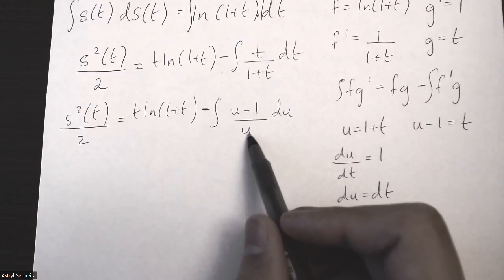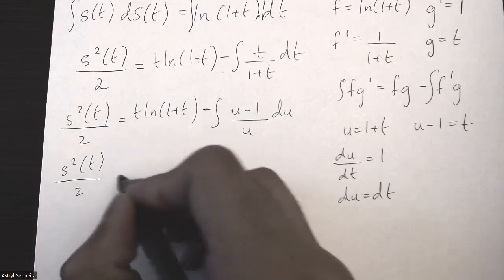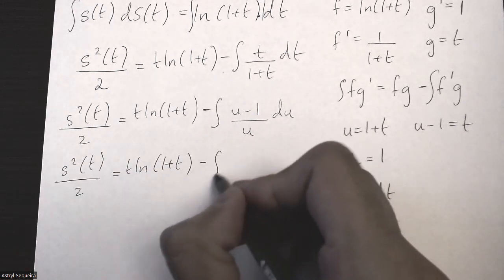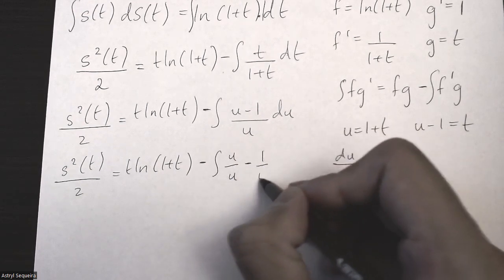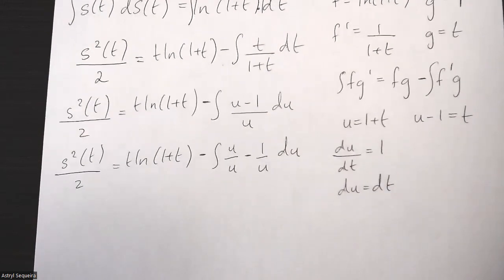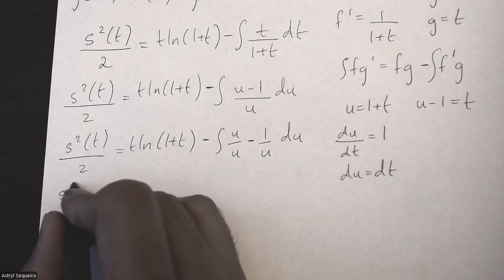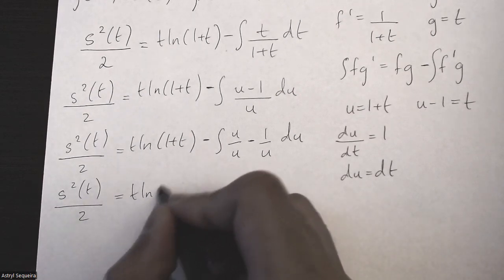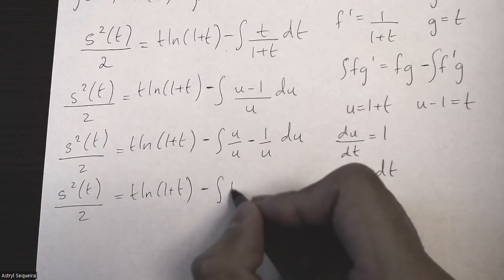Before we integrate, I'm going to split the denominator. So s squared divided by 2 equals t ln(1 plus t) minus the integral. I'll split this denominator, so I have u over u minus 1 over u du. Then I'll just simplify this before I integrate. So s squared over 2 equals t ln(1 plus t) minus the integral of u divided by u, which is 1.